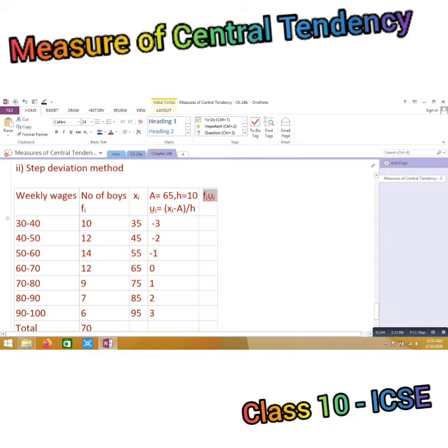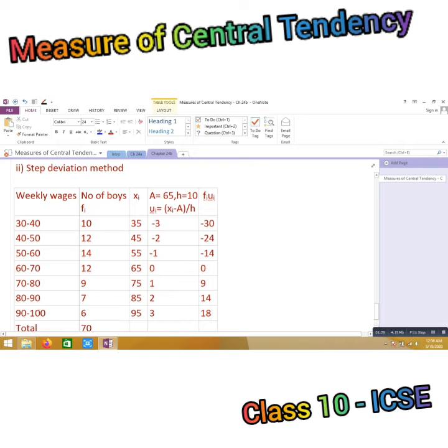Next, again we need to multiply f and u. 10 into minus 3 is minus 30, minus 24, minus 14, 0, 9 into 1 is 9, 7 2 times is 14, 6 3 are 18.